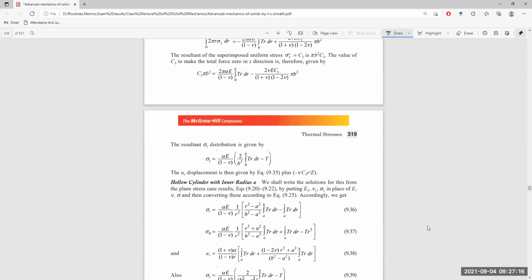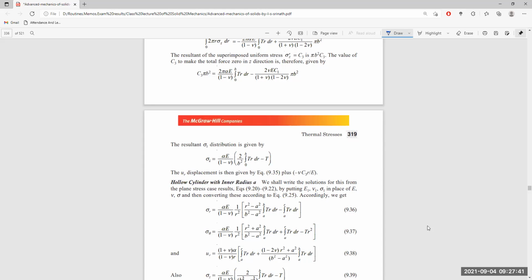So the resultant stress distribution along the length will thus result in this right hand portion, and with the integrations, all of the integration alpha into E, 1 minus nu, 1 by b square divided by 0 to 2 T into r minus T. Yes, ur is the displacement, which is then given by the equation plus C1 r by 3.